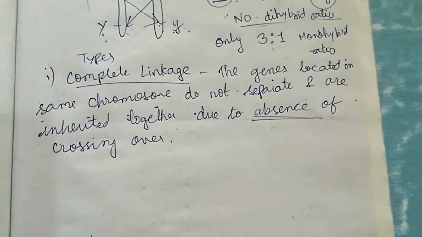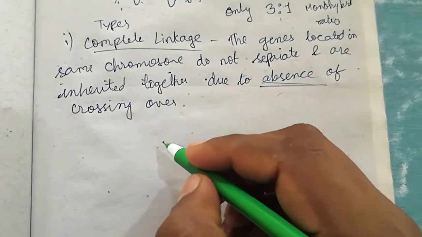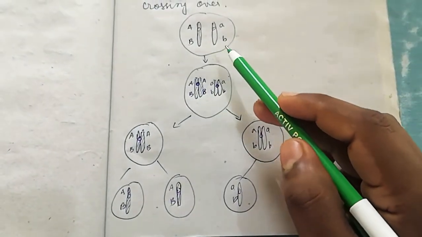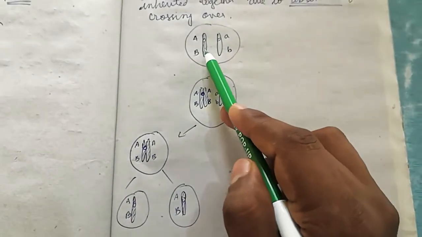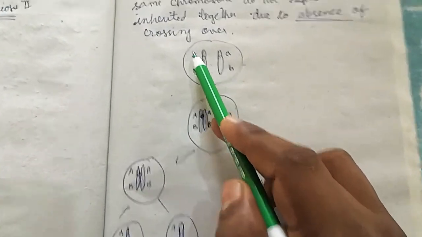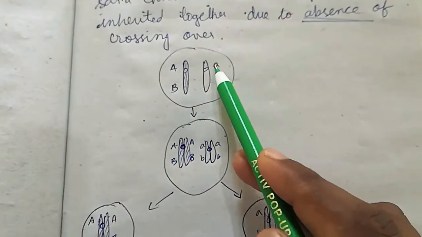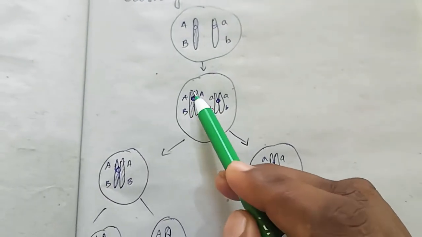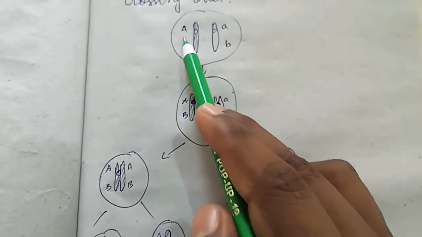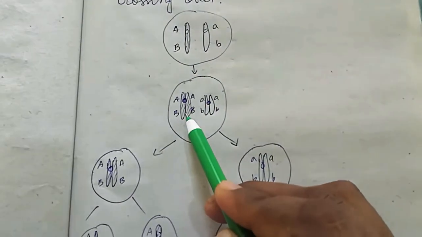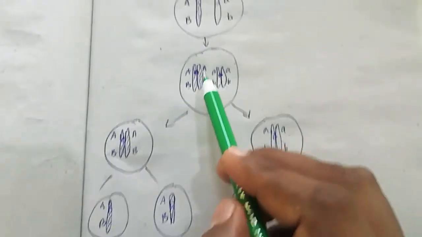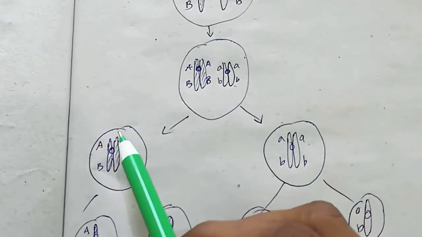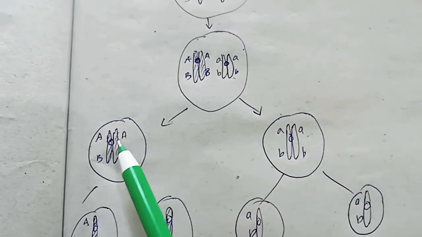I'll draw a diagram and show you what complete linkage looks like. I'm taking parents: one is dominant in both characters, and the other parent is recessive in both characters. After meiosis 2, there will be replication and the monovalent becomes a divalent chromosome. You can see there is no crossing over between the parents, so the chromosomes are inherited as they are.